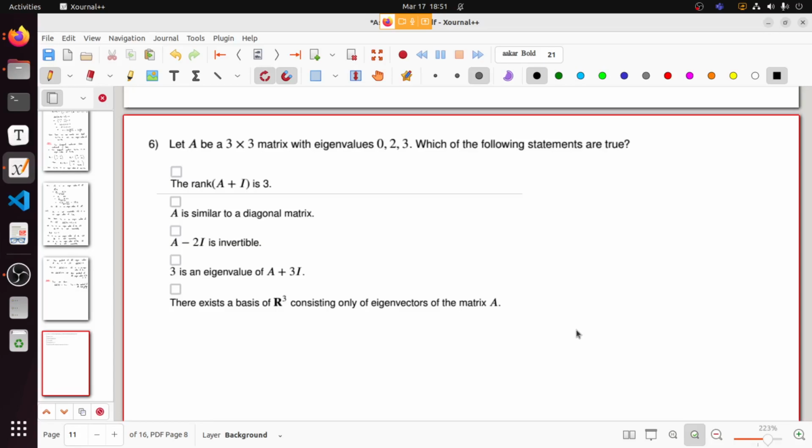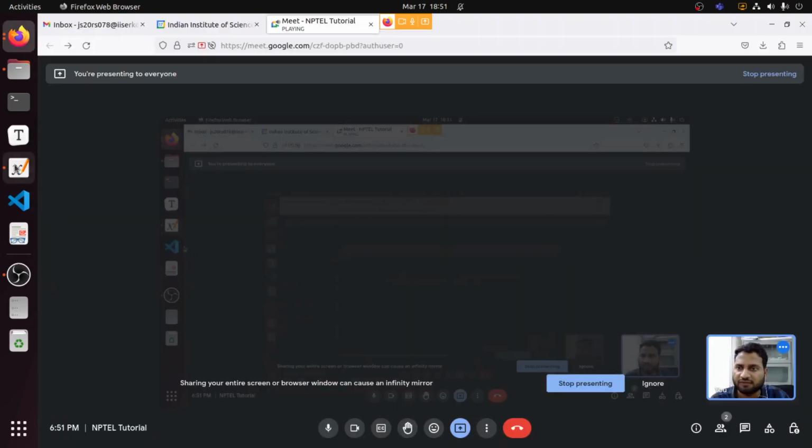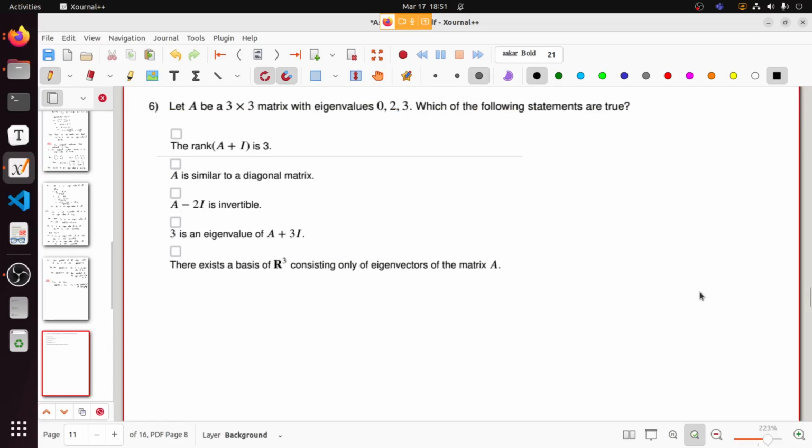What is it saying? Let A be a 3 cross 3 matrix with eigenvalues 0, 2, 3, then which of the following statements are true? So a 3 cross 3 matrix is given with eigenvalues 0, 2, 3, so A is diagonalizable.